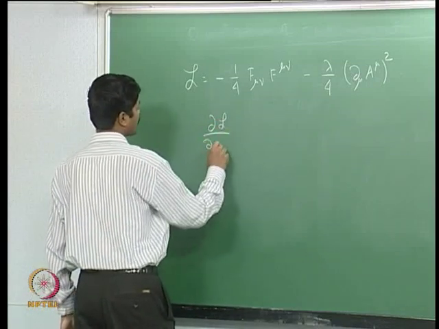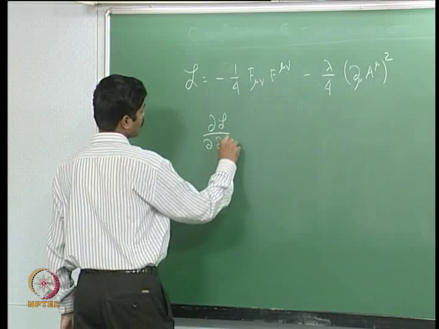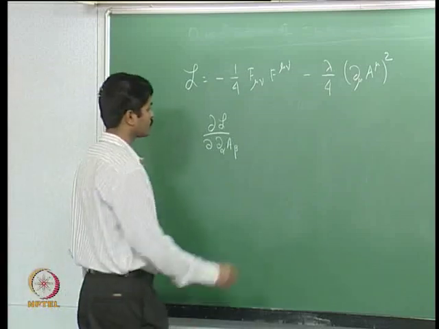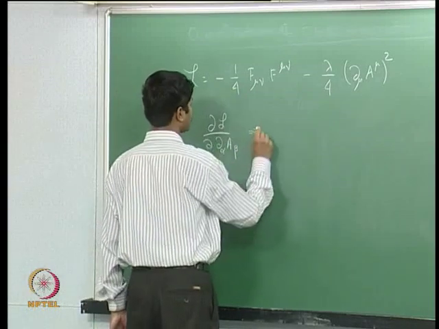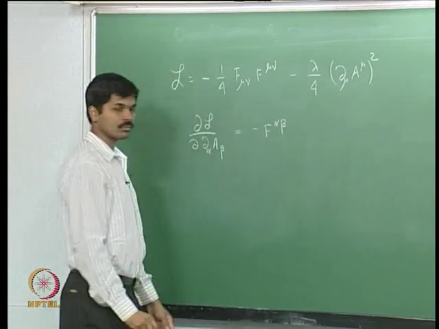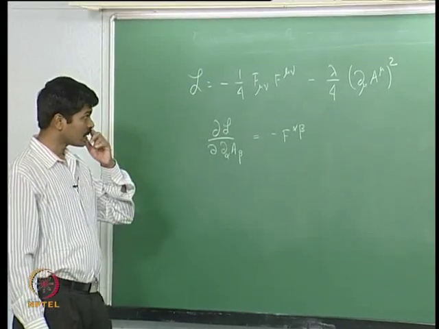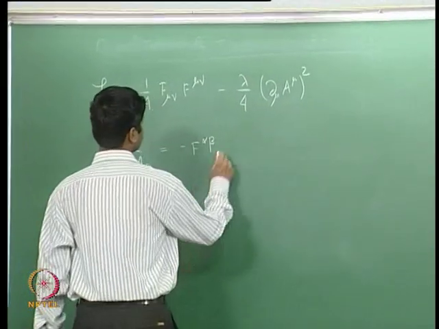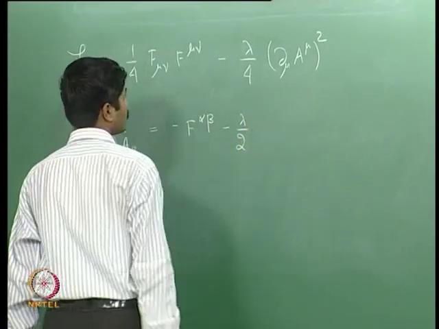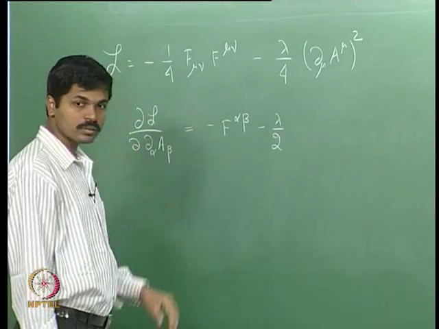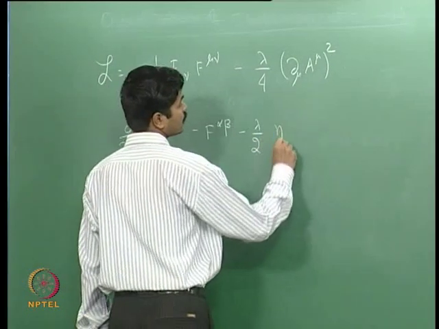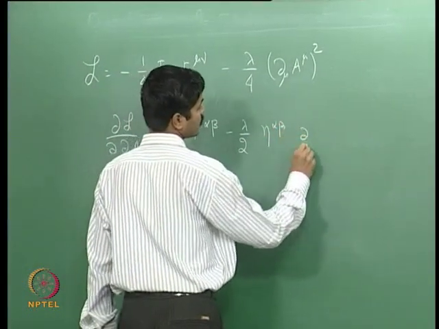Here, del L over del alpha A beta, from here you get minus F alpha beta, and this one will give us minus lambda over 2 times eta alpha beta del mu A mu.